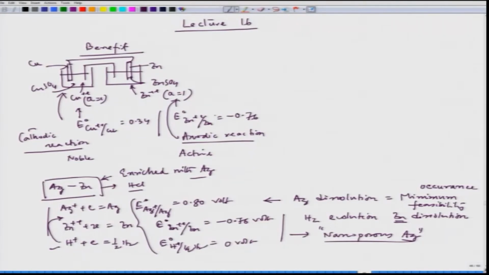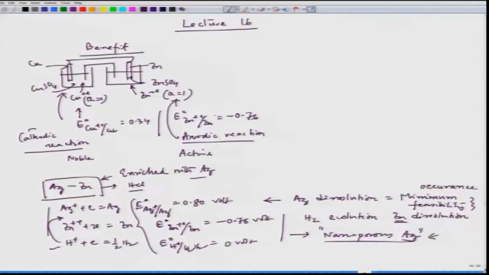That information also we can snatch out from this. So, here I have written minimum feasibility. There are reasons for this. Actually, for the modern mechanism of dealloying in the silver zinc system, there are several proposals or mechanisms.